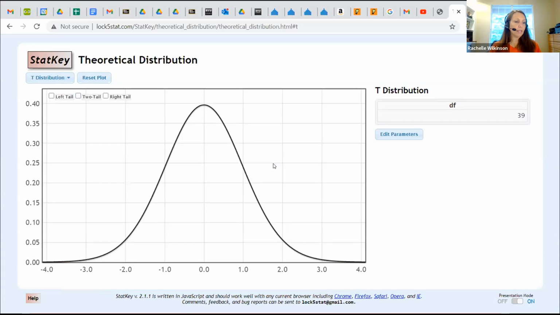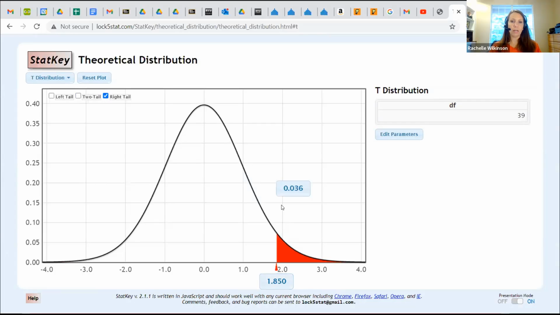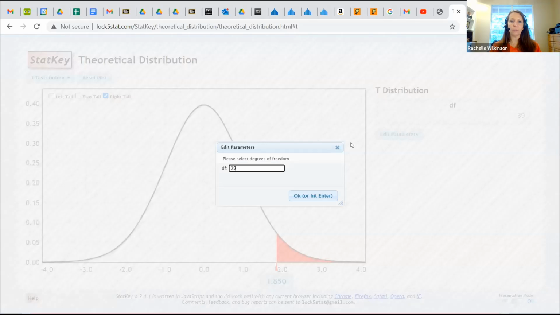And it's a one-sided test, and my test statistic T was positive. So I'm going to click on right tail, and then I'm going to put that 1.85 down here in the bottom. So when I do that, then my floating box would be the p-value, which is 0.036.